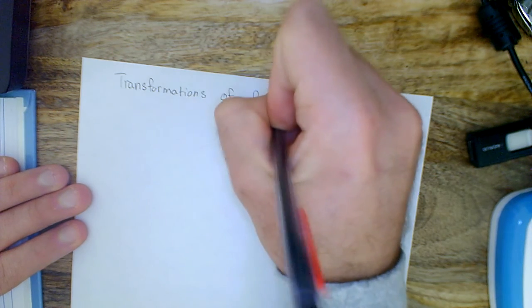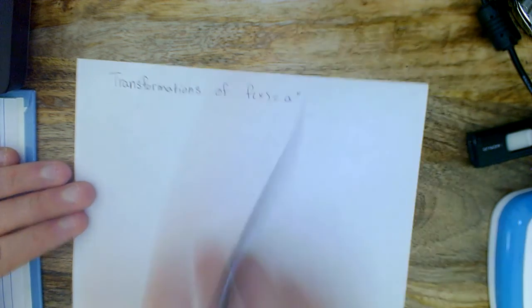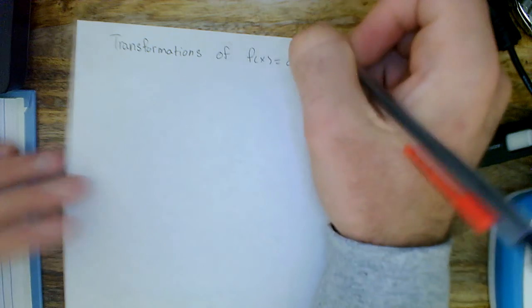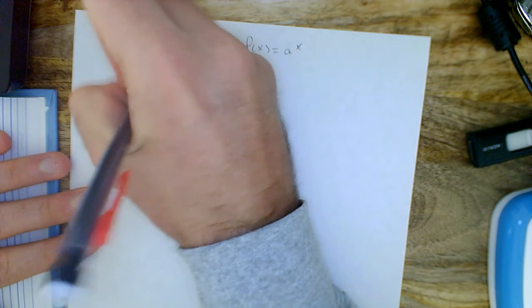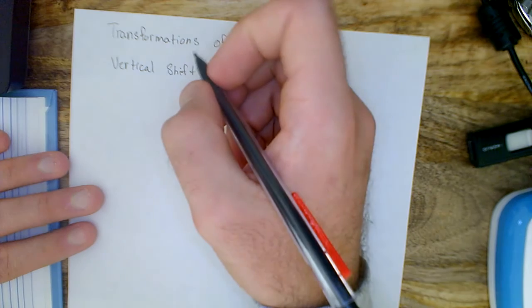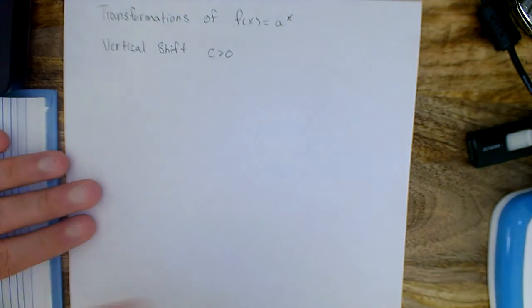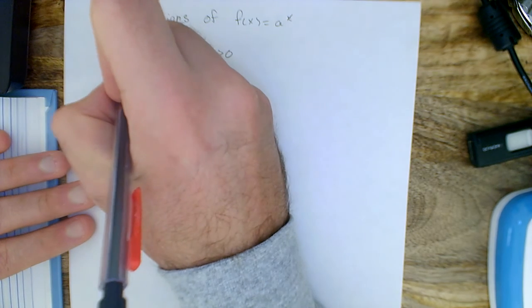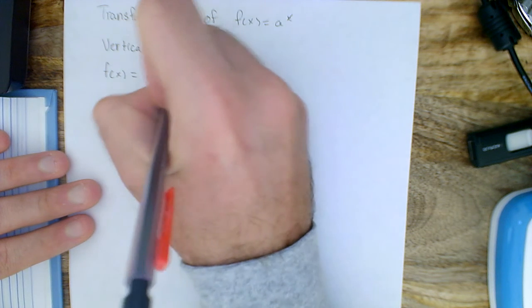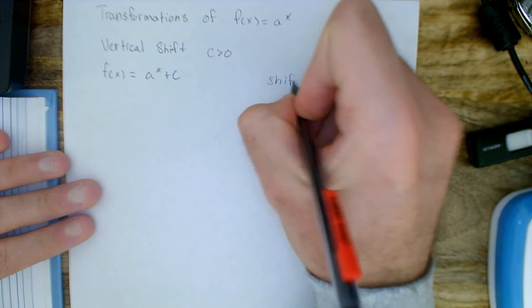Transformations of f of x equals a to the x. So if you want a vertical shift, if c is greater than 0, then f of x equals a to the x plus c shifts f up by c.